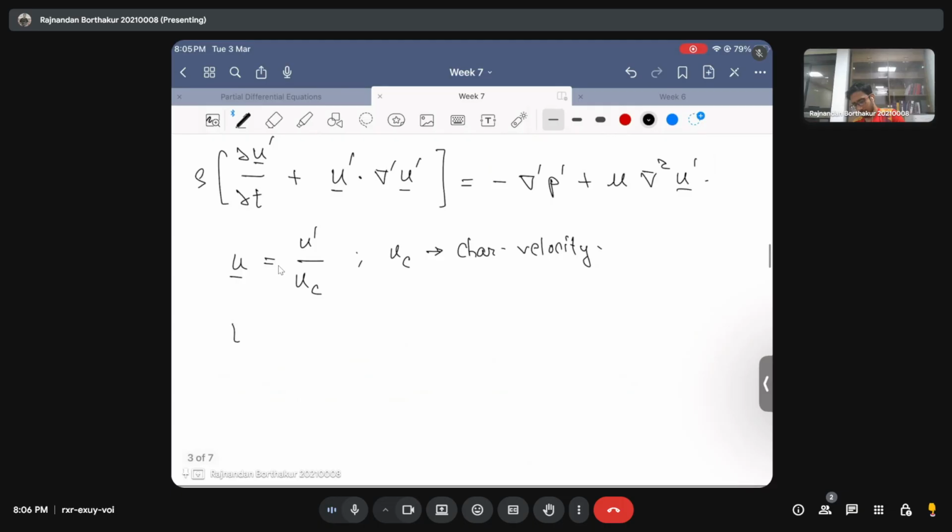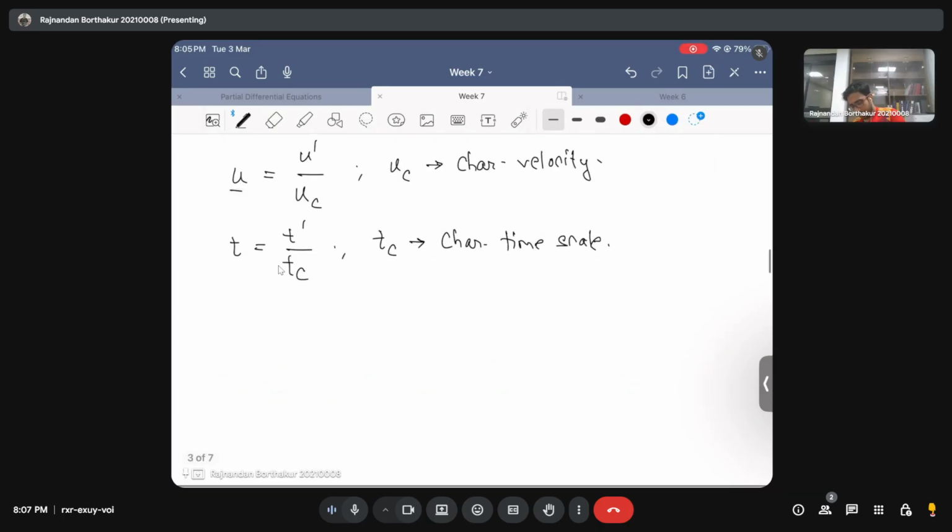I can also choose t, which is a non-dimensional time, namely the dimensional time divided by the characteristic time, and we will choose the characteristic time later on. Let's just keep it as tc, my characteristic time scale. This means that I also have a length scale lc, which is my characteristic length.